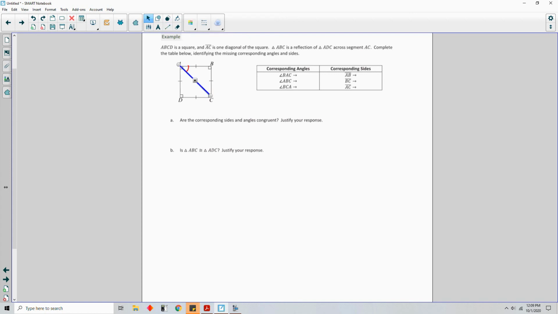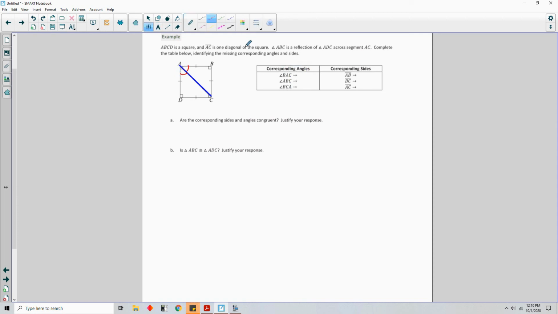So let me just make this a little better, right there. There, that's not bad, okay? So if BAC is reflected across, if we folded this, it would end up over here. So if they're naming it BAC, then we want to name it DAC. Angle DAC.